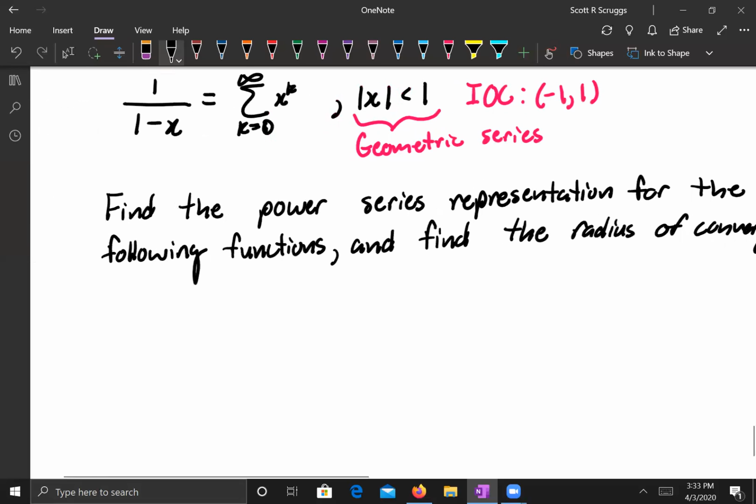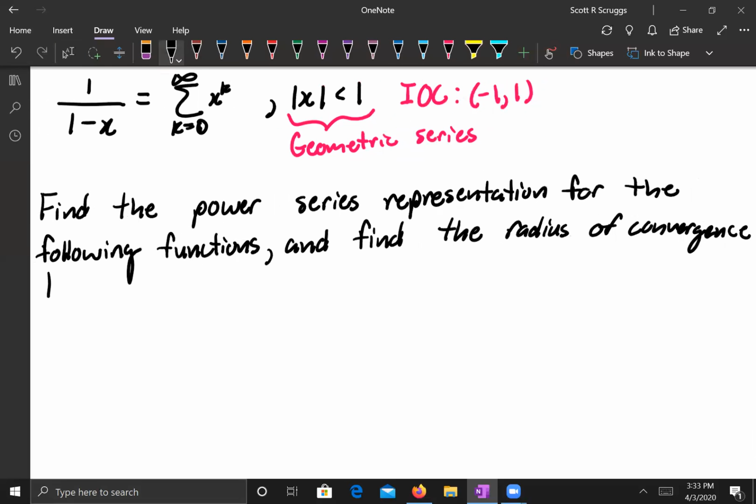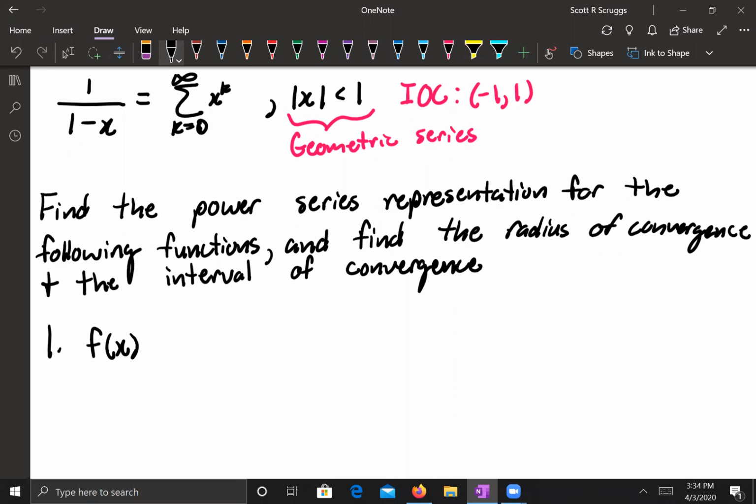And the interval of convergence. So here's going to be the first function that I want y'all to try: 5 over 1 minus 4x squared.